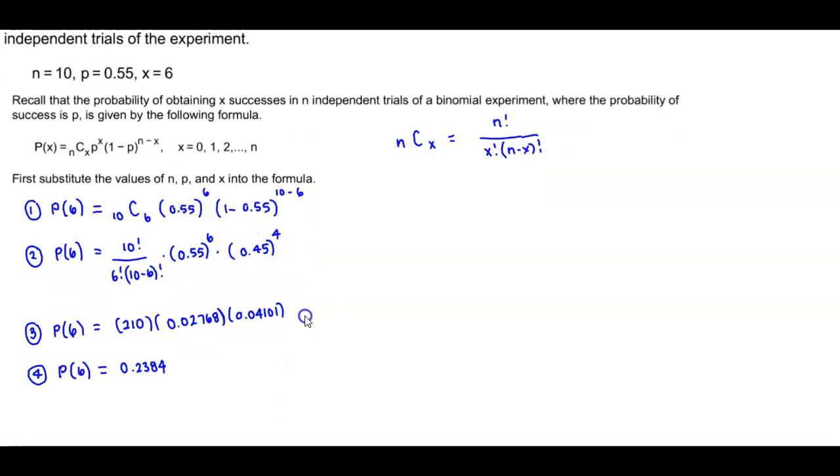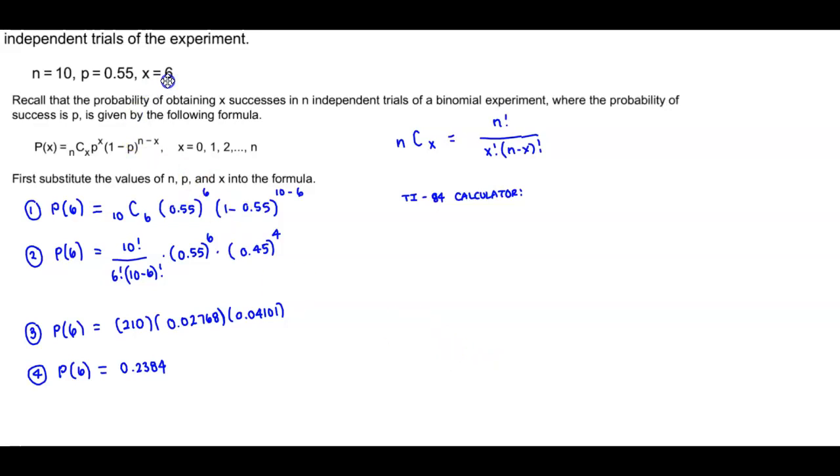All right, now let's say that we want to use the TI-84 calculator. Well, we're going to use the binomial PDF. PDF means the exact value, because we have equals.